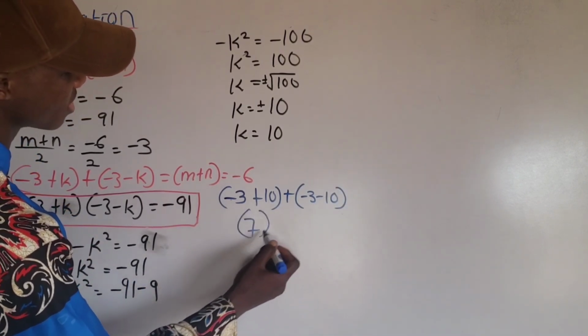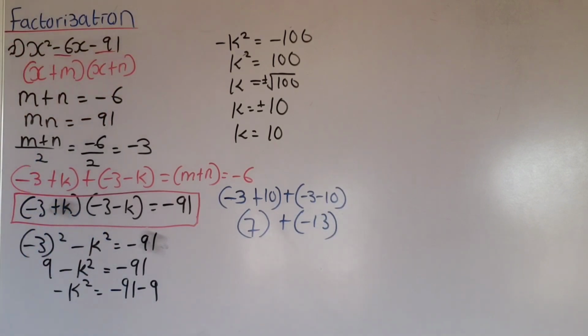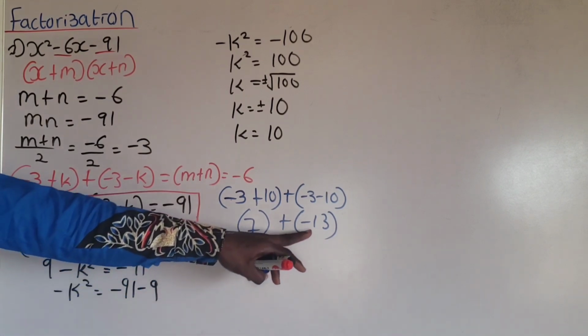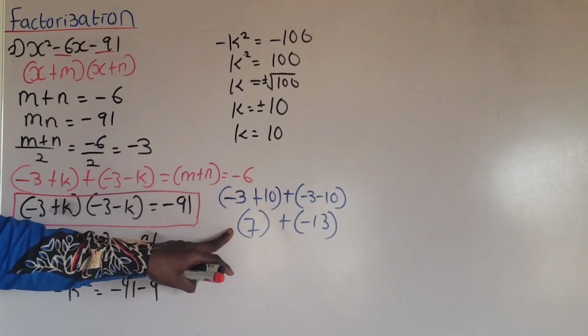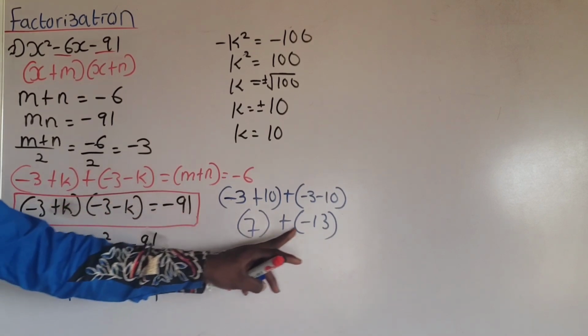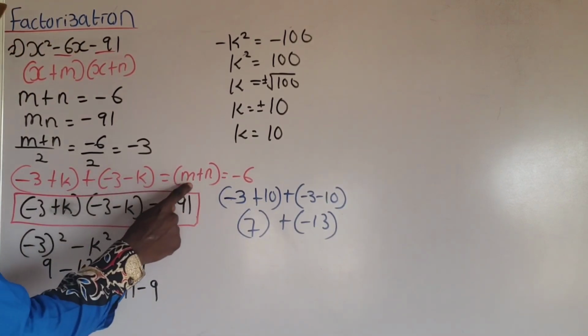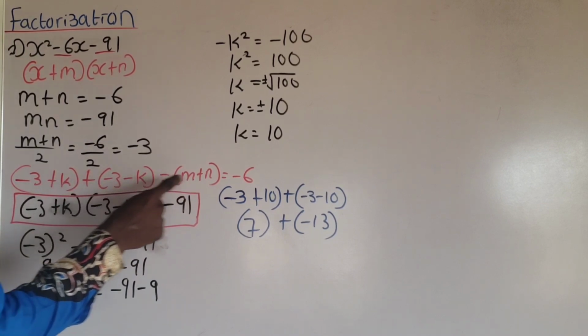Then negative 3 minus 10, that is negative 13. Okay, please pay attention. You can see now that, having substituted the value of k, we have 7 and negative 13. And I told you that the first bracket represents the value of m and the second bracket represents the value of n.